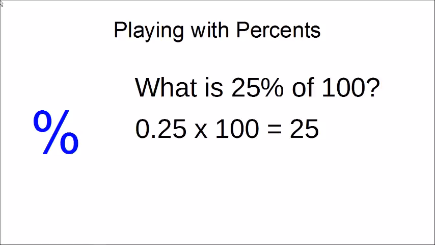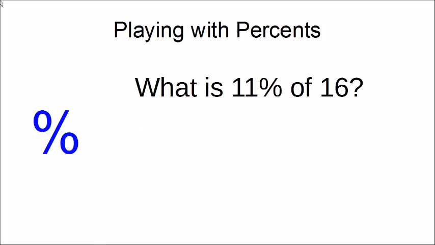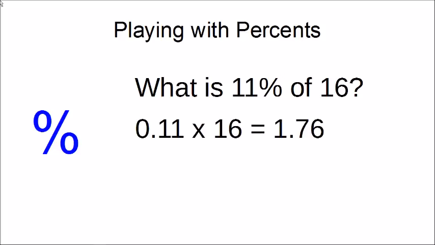So 25 is 25% of 100. All right, let's try this one. What is 11% of 16? 11% is 11/100ths, and 11/100ths you could write as 0.11 times 16, and if you multiplied that out, you'd get 1.76. So 1.76 is 11% of 16.